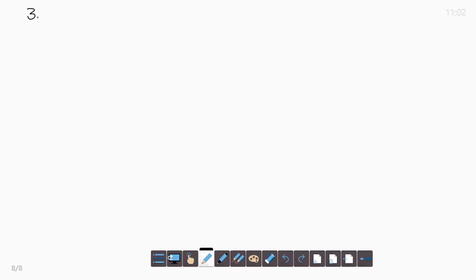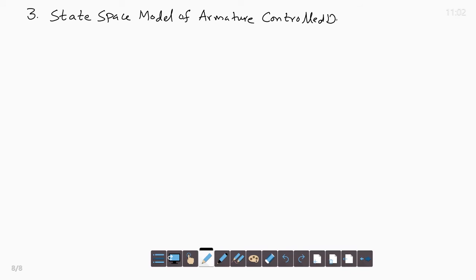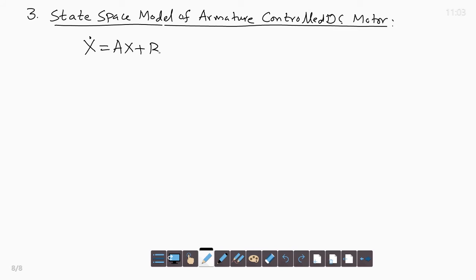Third one is the state space model of the armature controlled DC motor. So, in control systems all of you have studied the state space model. The state space model is given by the state equation, that is x dot equals Ax plus Bu.